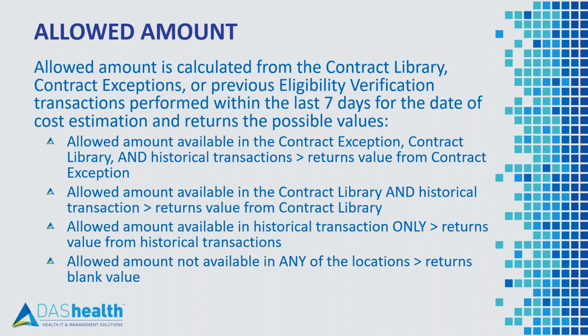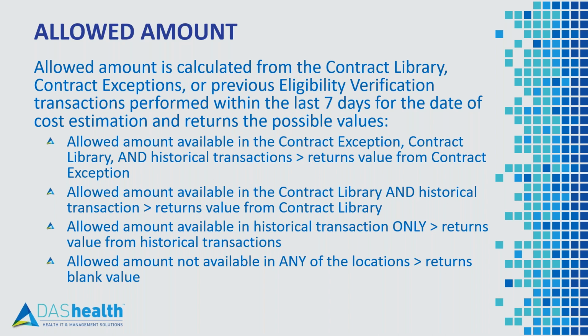So here are some scenarios of how that allowed amount could be calculated. If we do have a contract exception, a contract library, and historical transactions, it's going to pull from the contract exception to give that allowed amount. If we have a contract library and a historical transaction, it's going to pull the amount from the contract library.